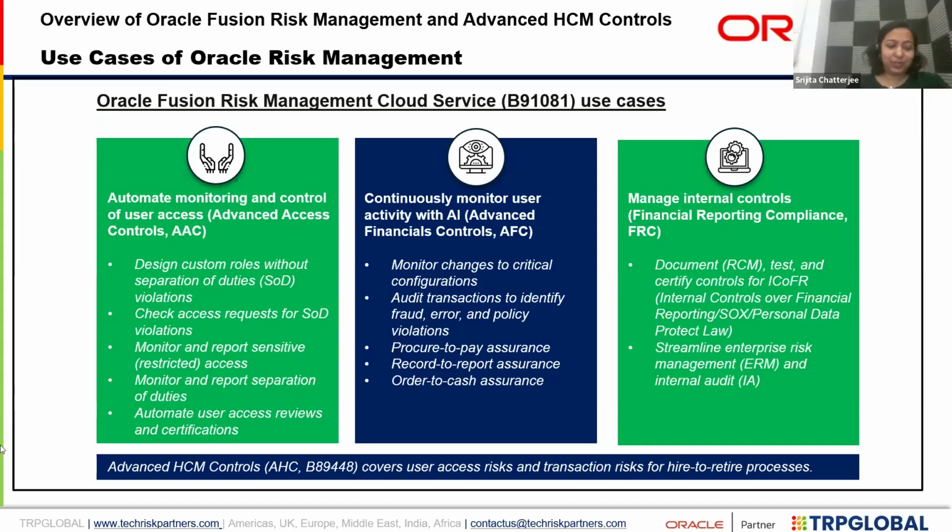As you touched on in the previous slide, Oracle offers a library of about 400 plus controls. But among them, Oracle has also identified some which work as the best practice controls, which initiate the journey so that the user can get accustomed to having the controls and how they can be monitored. So yes, there are some suggestions available.